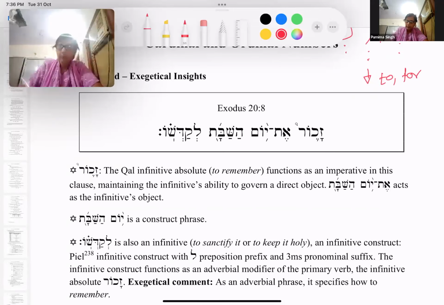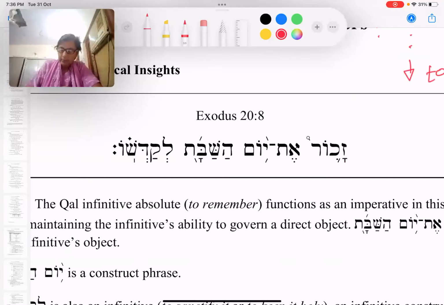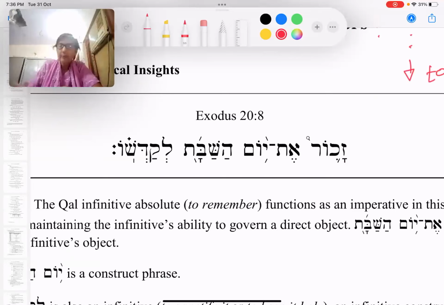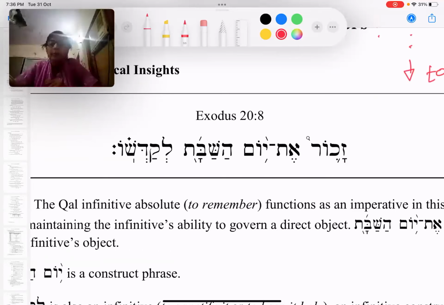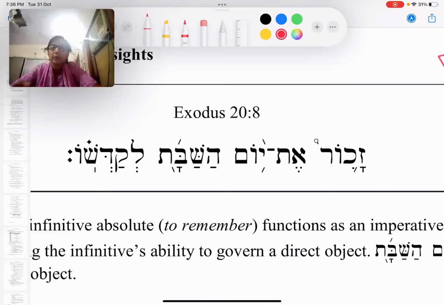Now see here this expression, Exodus 28. Zakor et Yom HaShabbat le Kadsho. Zakor et Yom HaShabbat. Who will translate without reading, Exodus 28?